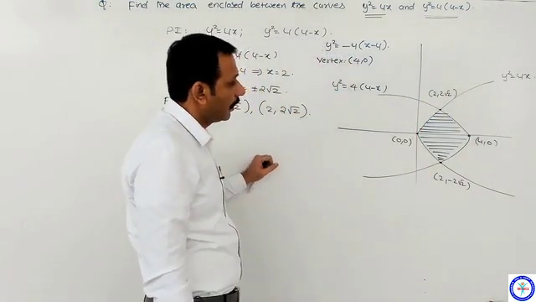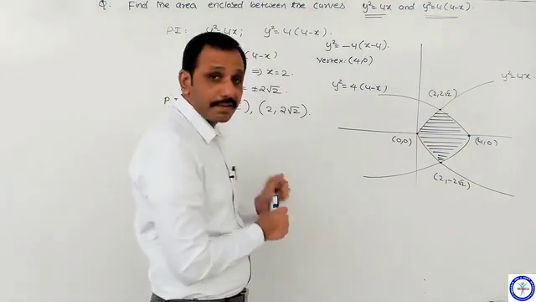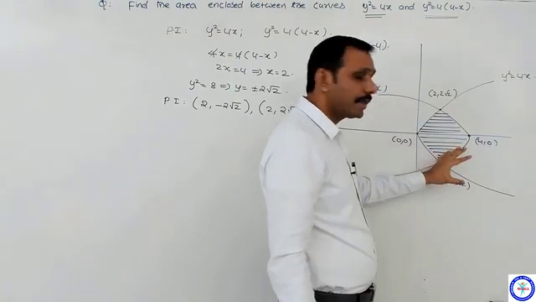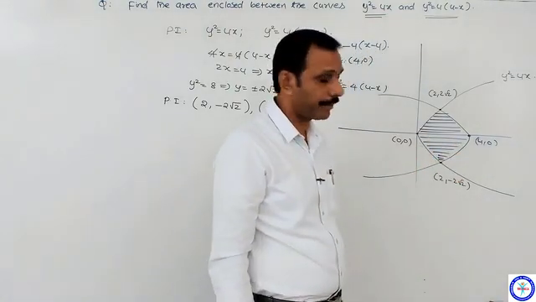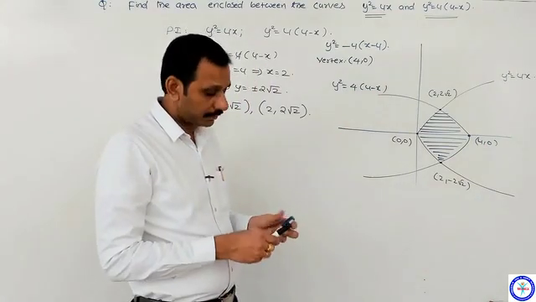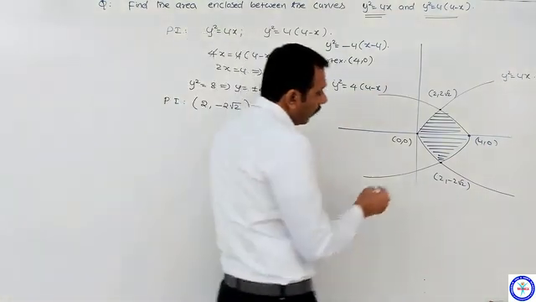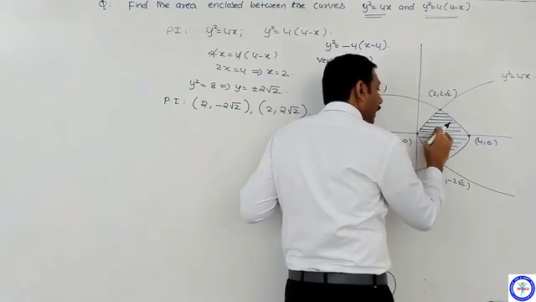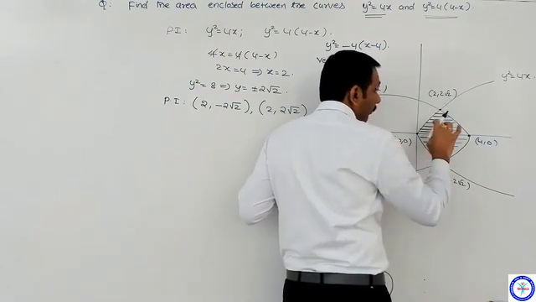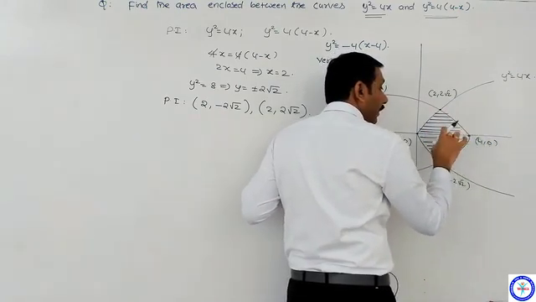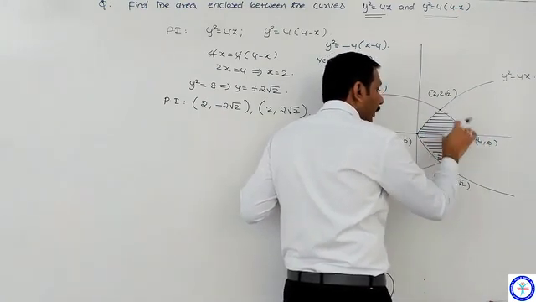Now, I can find this shaded area either with respect to x axis or with respect to y axis. Let me do with respect to x axis here. If I find area above x axis, because these two curves are symmetric about x axis, I will double that area to get complete area.